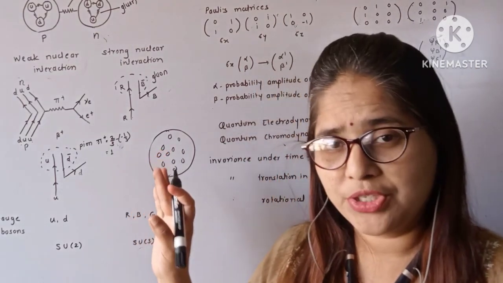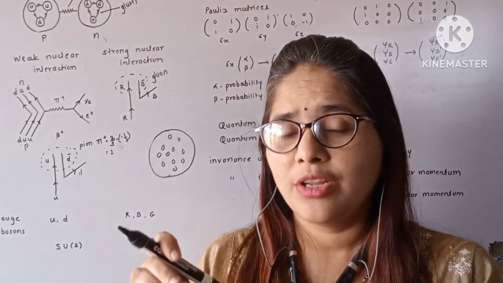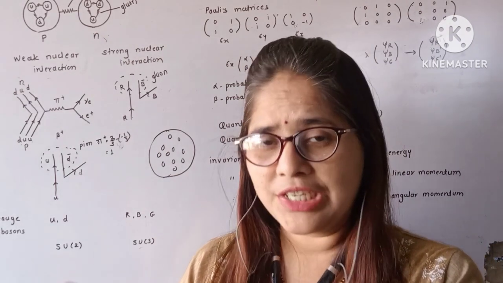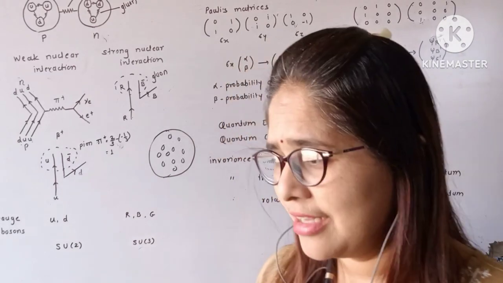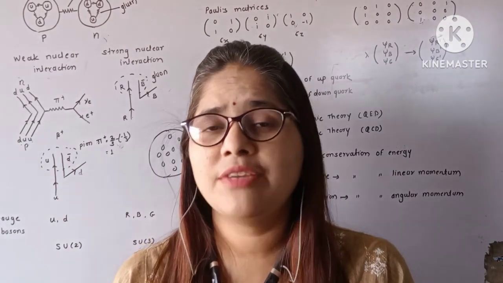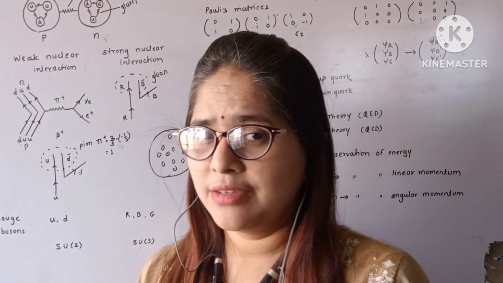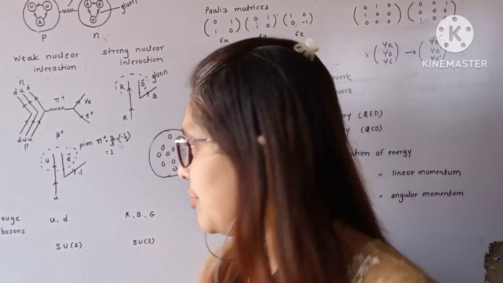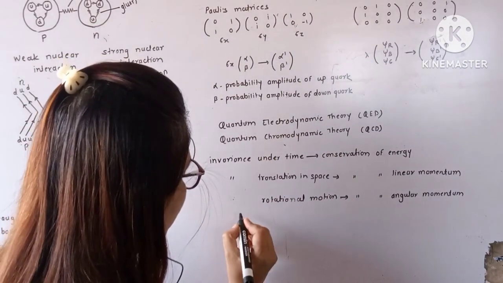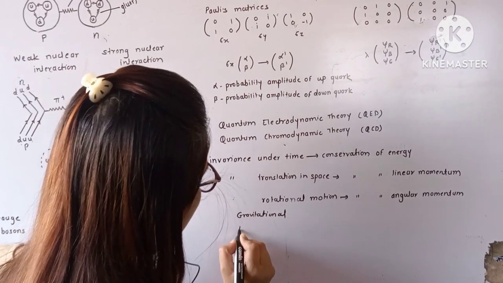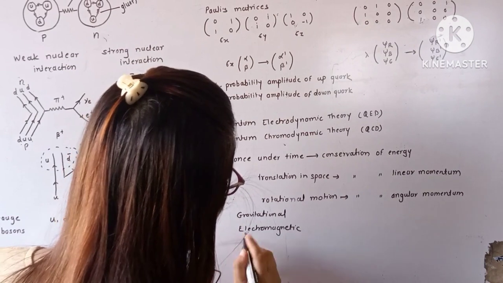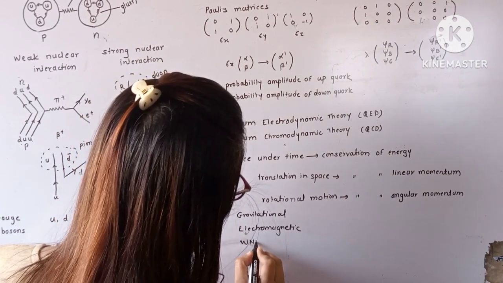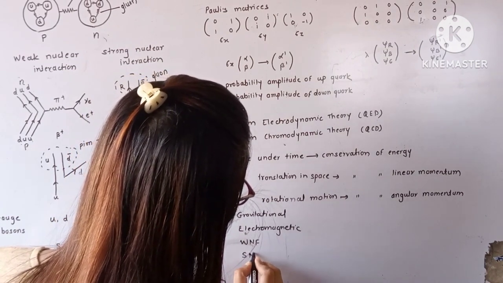These symmetry operations correspond to the laws of conservation of energy, linear momentum and angular momentum. We can say that there are four basic forces in the universe: the gravitational force, the electromagnetic force, the weak nuclear force and the strong nuclear force.